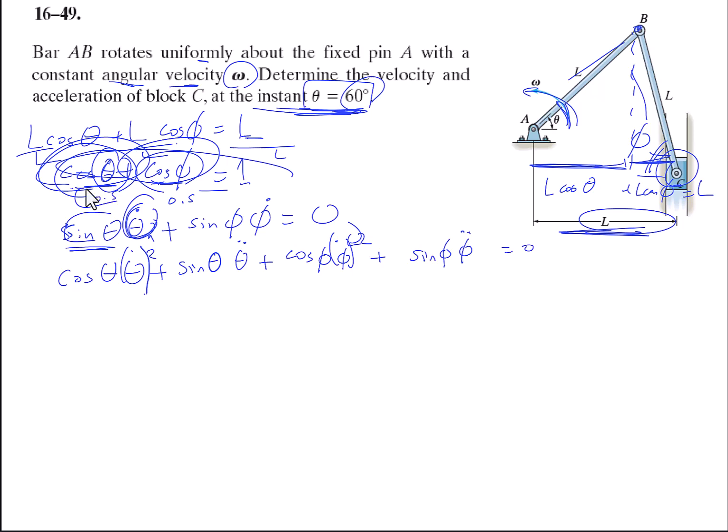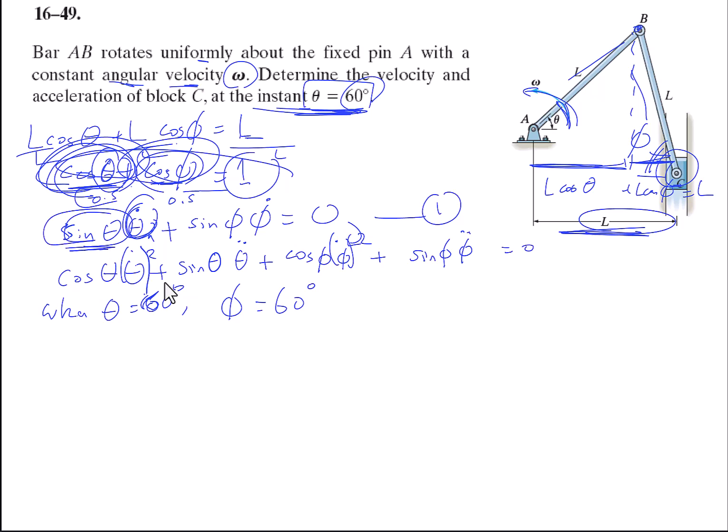We know that when this is equal to 1/2 and this is equal to 1/2, so when theta is equal to 60 degrees, phi must be equal to 60 degrees, so that they make up 1. So 1/2 and 1/2. Let's say this is equation 1.